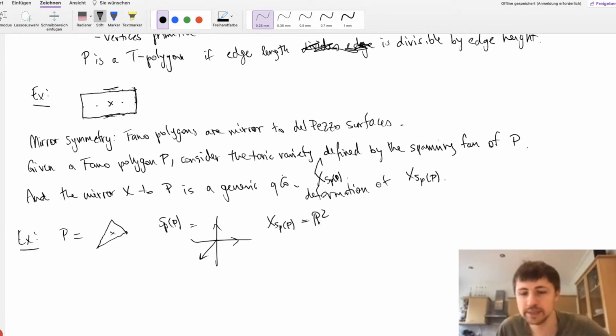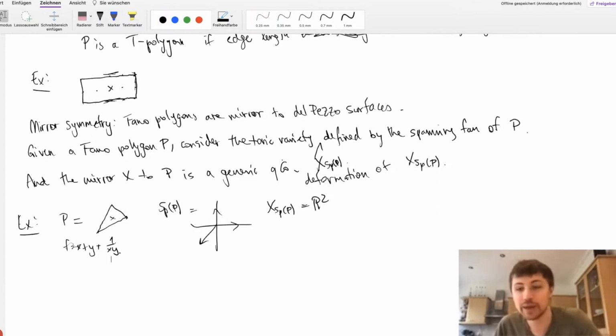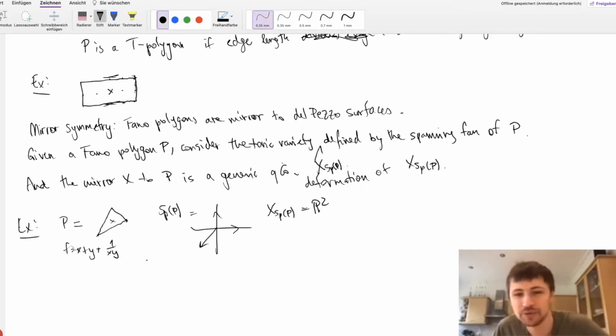In this case, since P2 is rigid, we don't need to do a QG deformation or anything. So the mirror to this polygon is P2. And notice that if you take the Laurent polynomial x plus y plus 1 over xy, which many of you will be more familiar with as a mirror to P2, then you pass from one to the other by taking the Newton polygon of that Laurent polynomial.